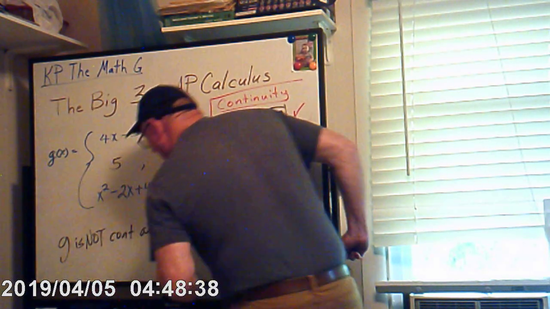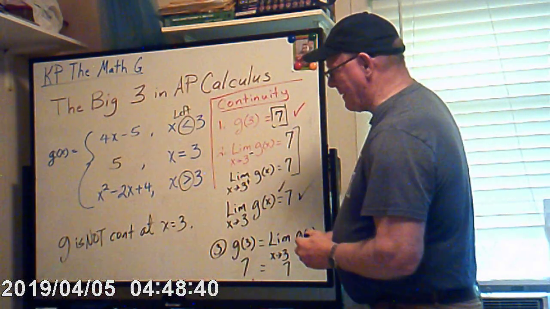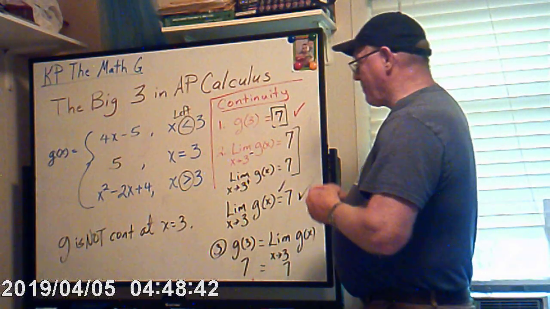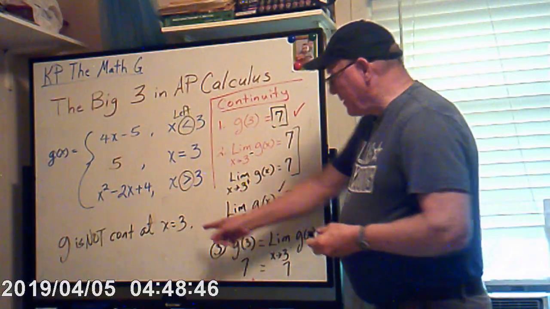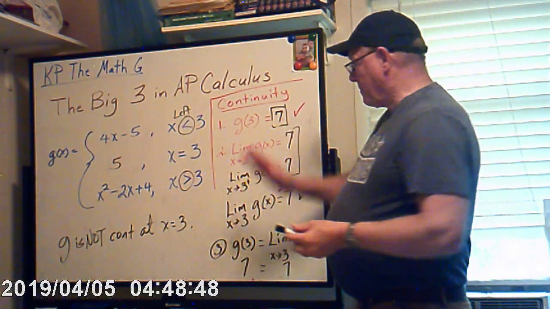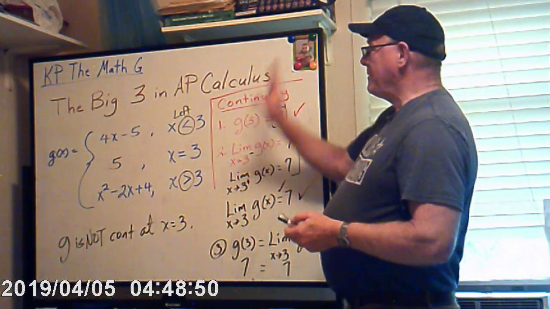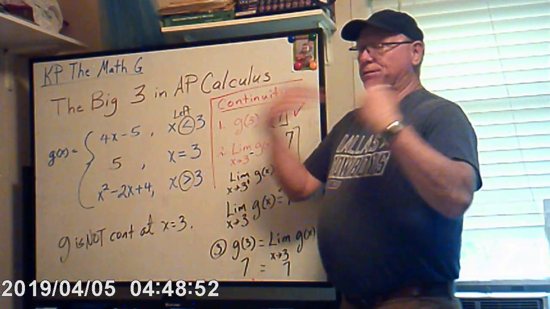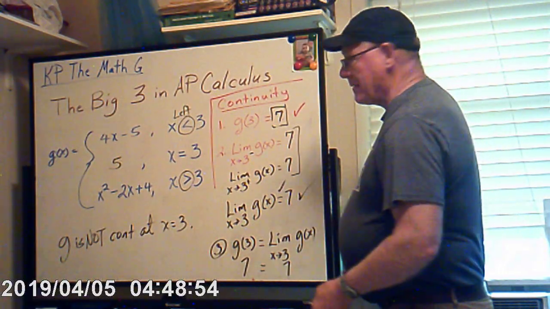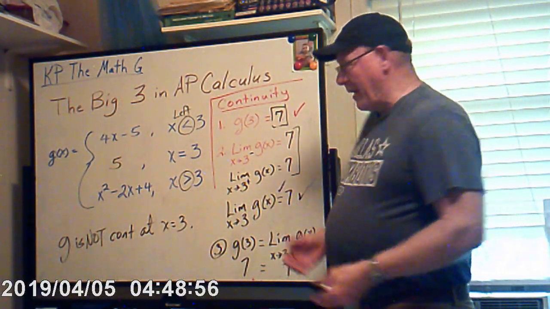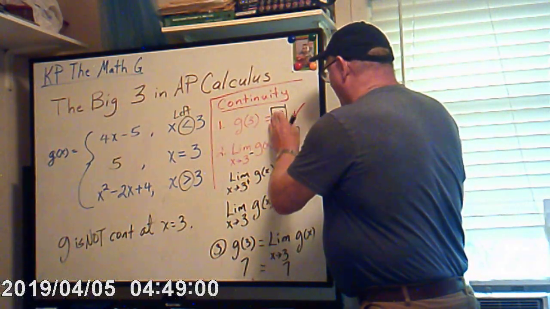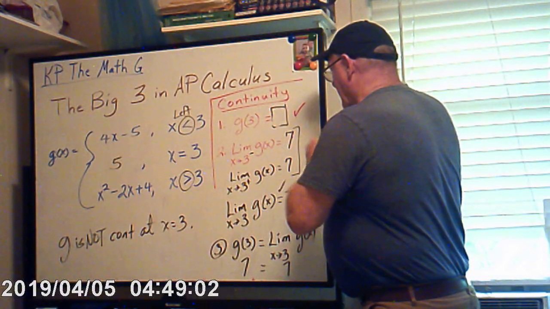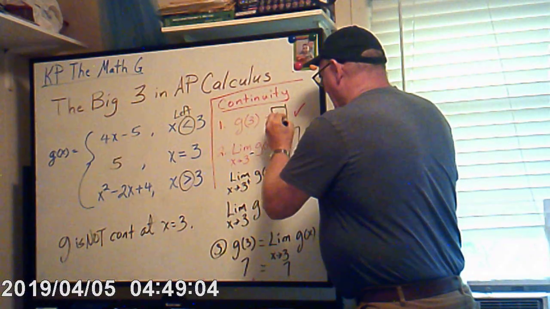G is not continuous at x equals 3. That's the conclusion you need to make. When you're dealing with this on a free response question, you've got to be able to say, one, this is 5, and this is 7.